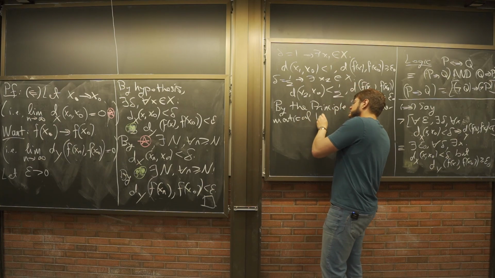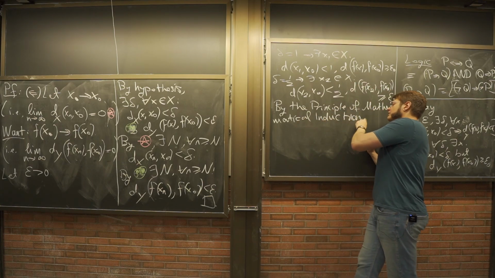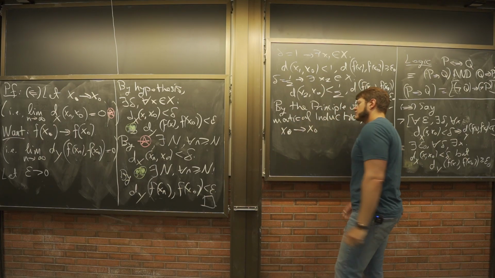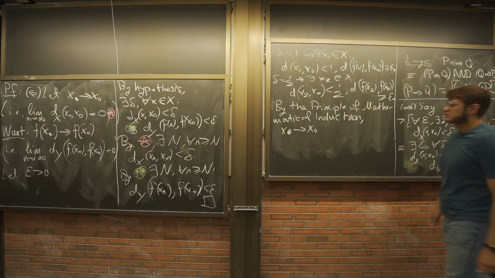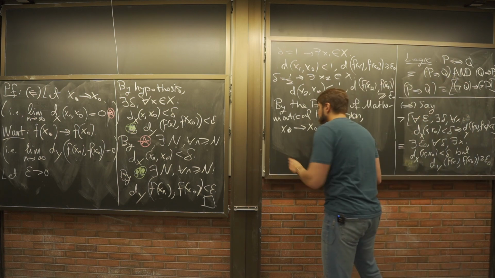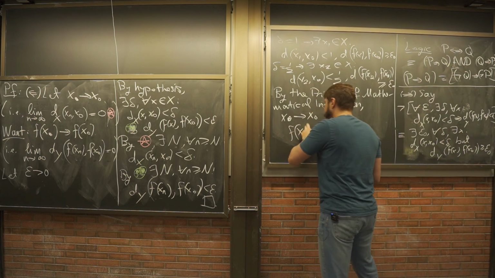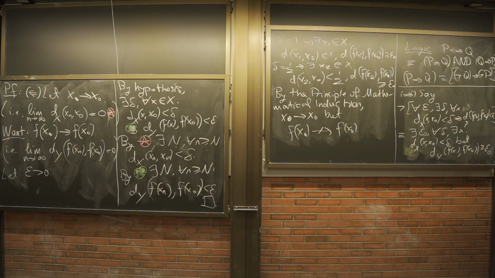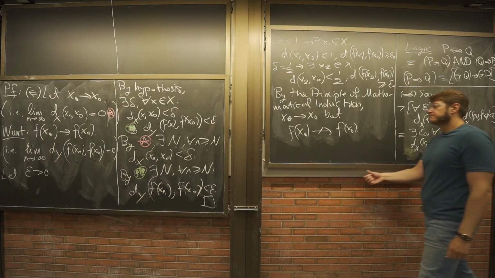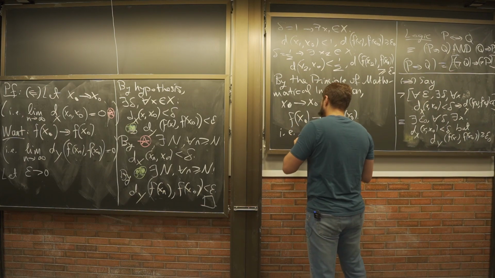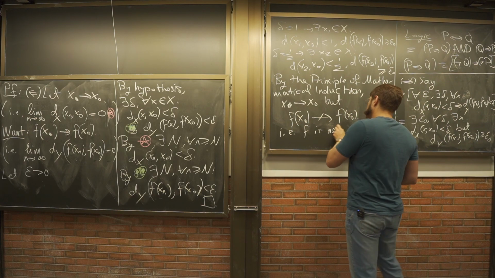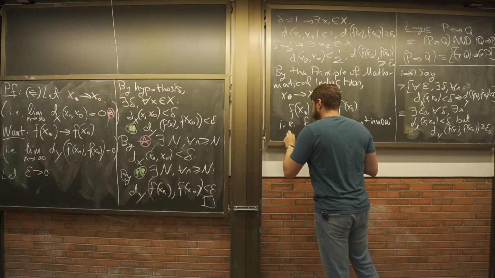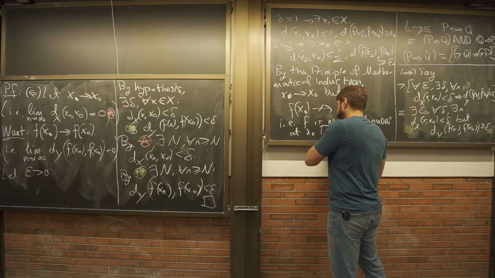Mathematical induction. x bullet converges to x0, but f of x bullet does not converge to f of x0. That is to say, f cannot be continuous. And that's the end.